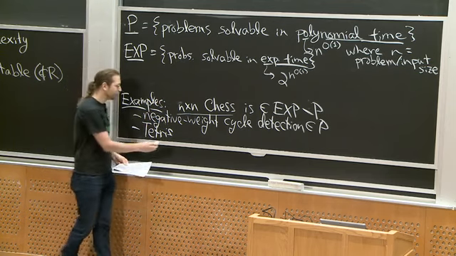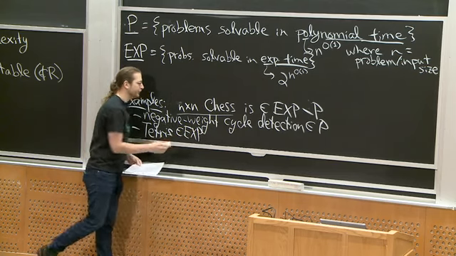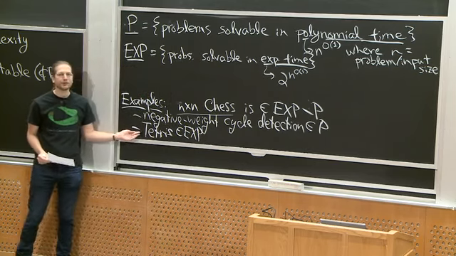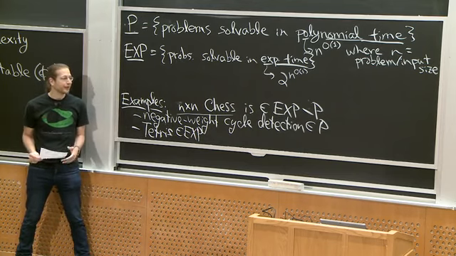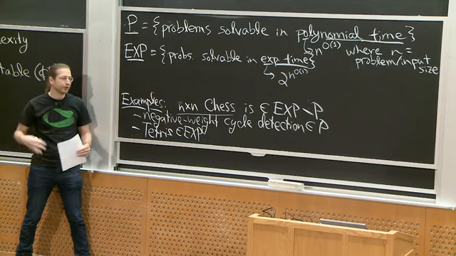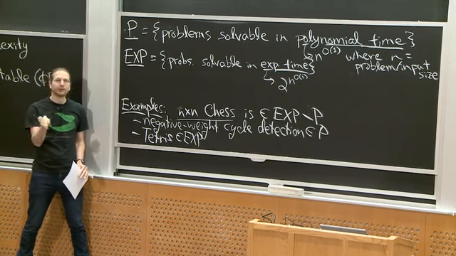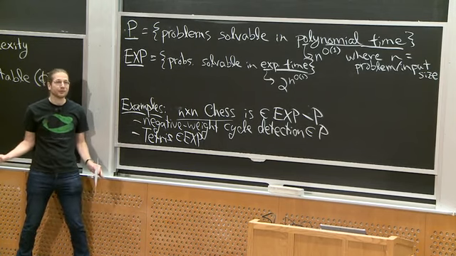Tetris, we can also formulate as a problem. This is a version of Tetris that we might call perfect information Tetris. Suppose I give you a Tetris board. It has some garbage left over from your past playing, or maybe it started that way, and I give you the sequence of n pieces that are going to come, and I want to know, can I survive this sequence of n pieces?